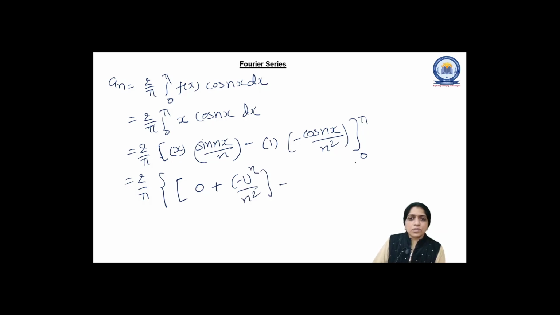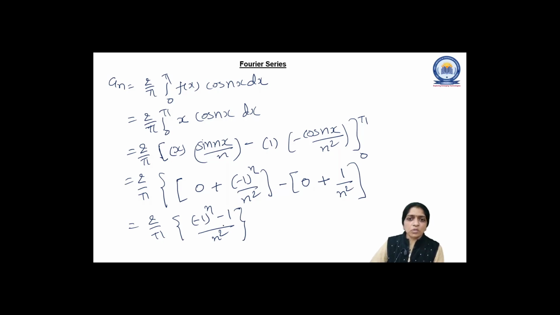After substituting the lower limit, again 0 into anything is 0, so the first term is 0, and in the second term, minus minus plus, cos 0 is 1, so 1 upon n square. So after simplification, an is 2 by pi, minus 1 raised to n minus 1 upon n square. So this is the value of an.